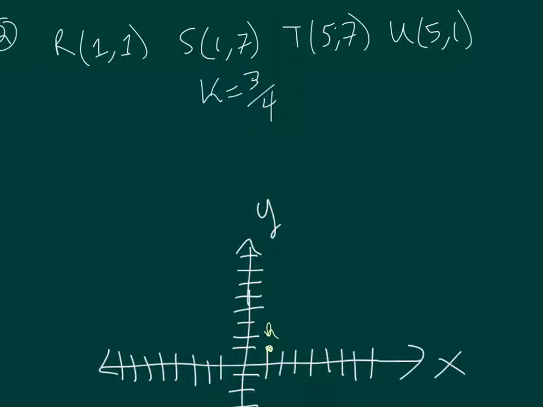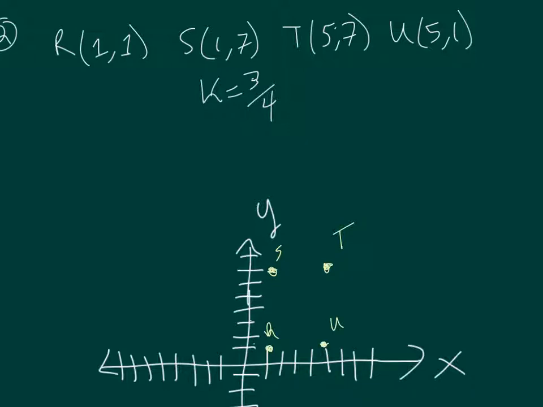S is 1, 7. Right there is my S. My T is 5, 7. Right up there. And my U is 5, 1. So it looks like we have a nice square happening here.